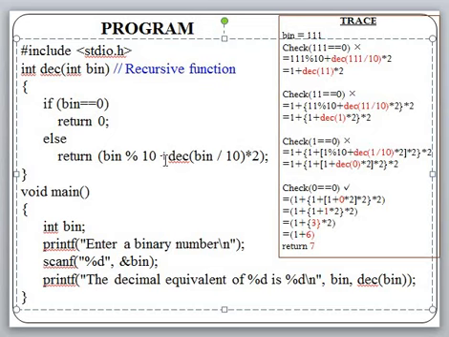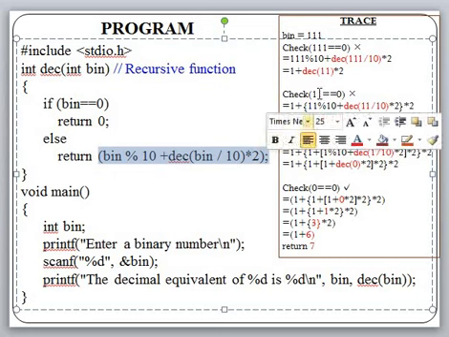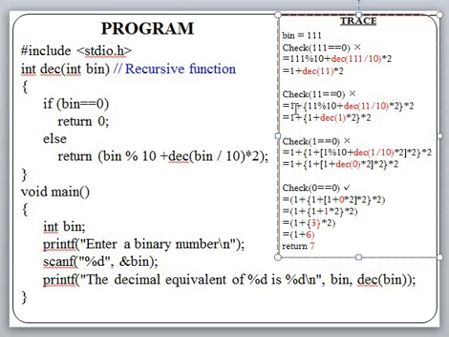No. No means again it will execute bin percentage 10, then plus DEC of bin by 10 into 2. So here I wrote all those statements. 1 plus, that is 11 percentage 10, which is nothing but the remainder of 11 by 10, that is 1.